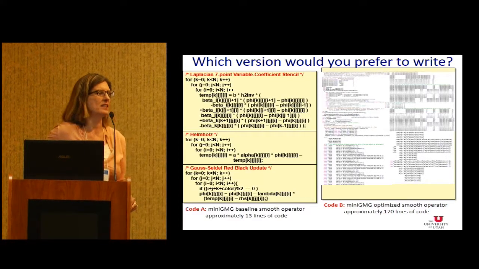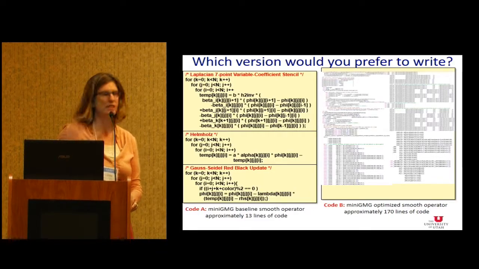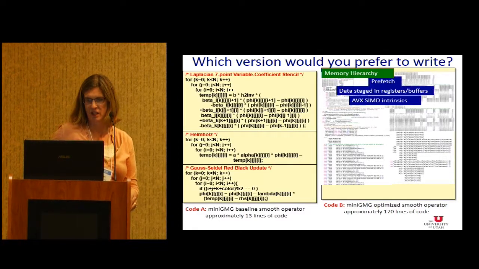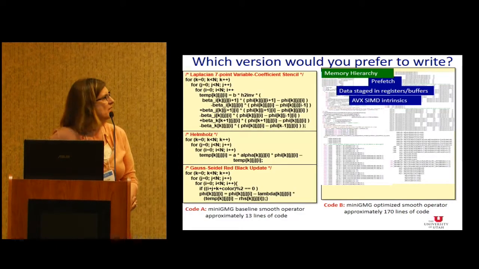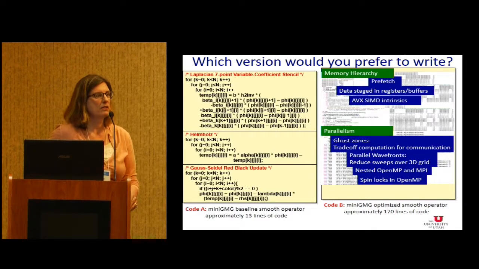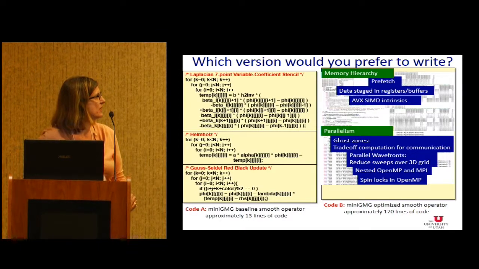And so why is the code on the right so big? And this is, by the way, the target architecture for this work was the Edison that you heard about yesterday from Rich Gerber at NERSC. So there's a bunch of memory hierarchy management in this code. There's prefetch, the data is being staged in registers. There's a lot of explicit AVX SIMD instructions. And when you look at the parallel code, there's a bunch of additional work.